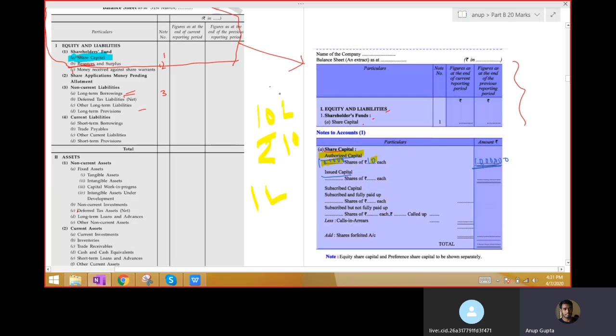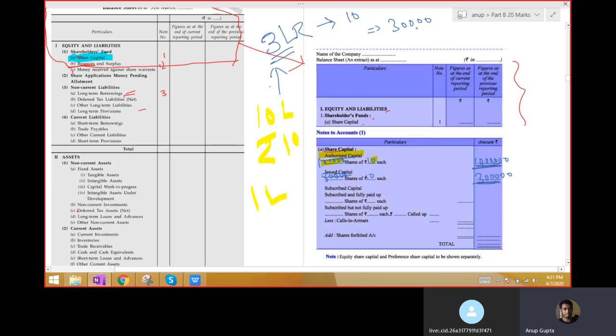Out of 10 lakh, if you remember the previous video, 3 lakh was issued, divided by 10, that is the nominal value. How many shares? 30,000 shares of rupees 10 each, 3 lakh, and then we close it.